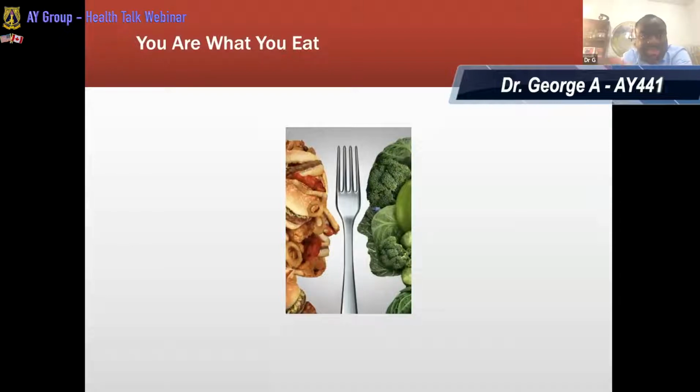So this is an image that shows us that we are what we eat. Imagine the image on the left side. Imagine you full of these fries, pepperonis, burgers, and that kind of stuff. You are guaranteed to have heart diseases, hypertension, diabetes, all kinds of diseases.